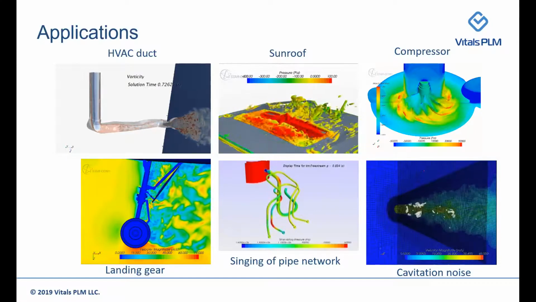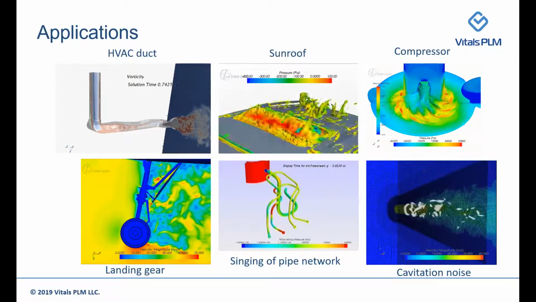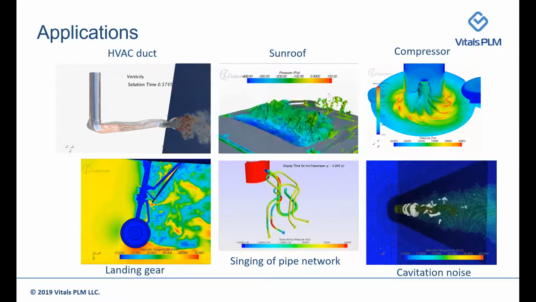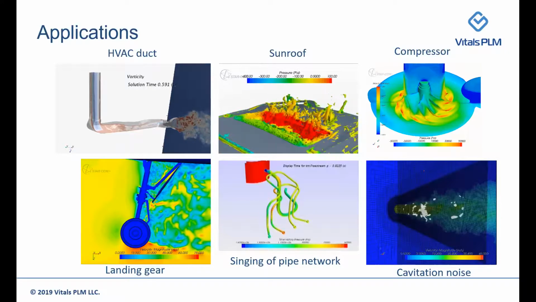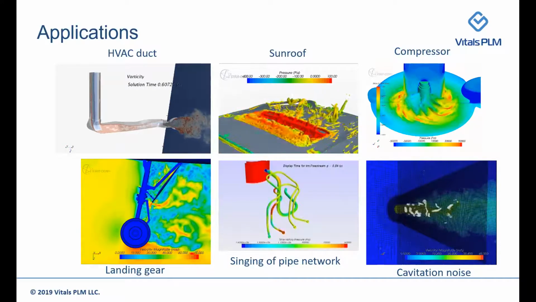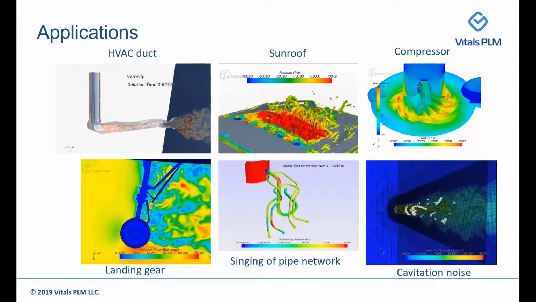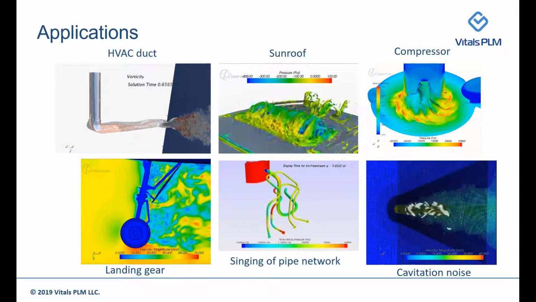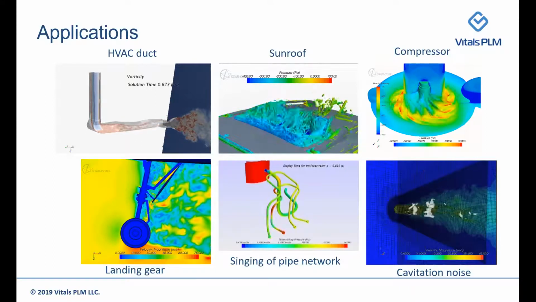As a result, sound is produced, and part of the sound goes inside the cabin and creates annoyance to the occupants inside the cabin. Part of the flow goes out of the aperture and out into the vicinity of the vehicle. The third example we see here is the compressor.